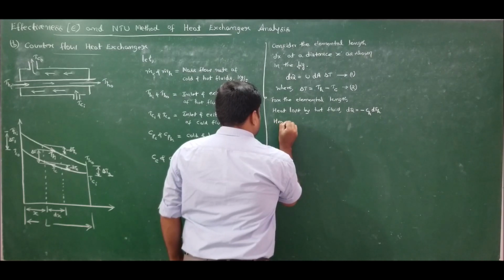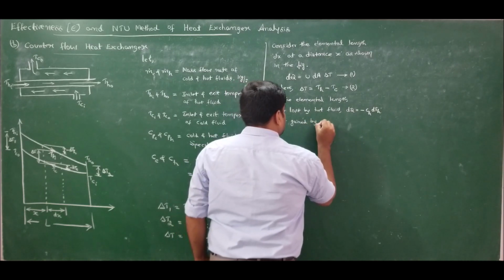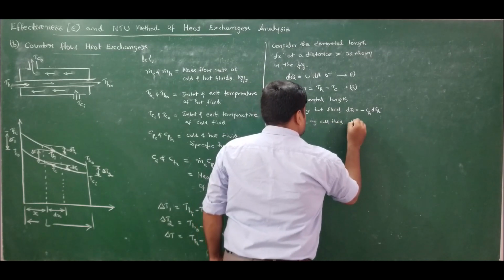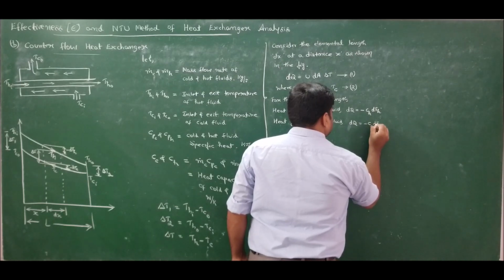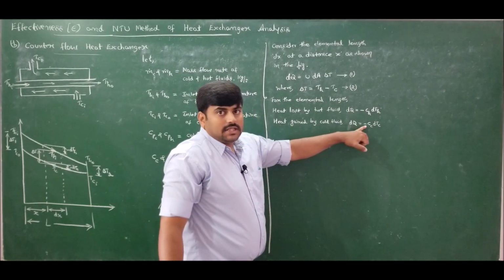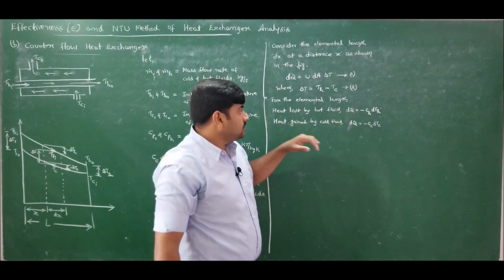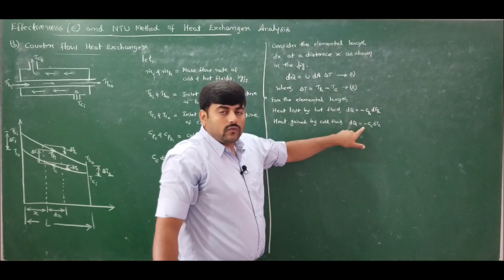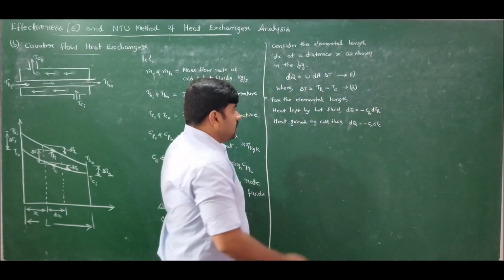Similarly, the heat gained by the cold fluid, dq, is also written as minus Cc dTc, because here the negative sign does not mean that heat is being lost. This means that the cold fluid is flowing in the direction opposite to that of the hot fluid. For the hot fluid, the negative sign indicates heat lost. For the cold fluid, the negative sign indicates it is flowing opposite to the hot fluid. Don't get confused.